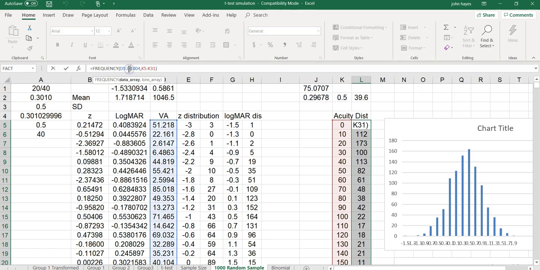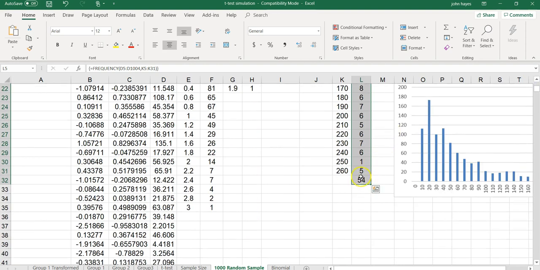Then I highlight this, and if you remember, in our frequency, we go equals frequency. We highlight the data array we want to collect, and the bins. And then while we've highlighted this whole thing here, but we're in the first cell, this formula is only in the first cell. We press Control Shift Enter, and it calculates all those.